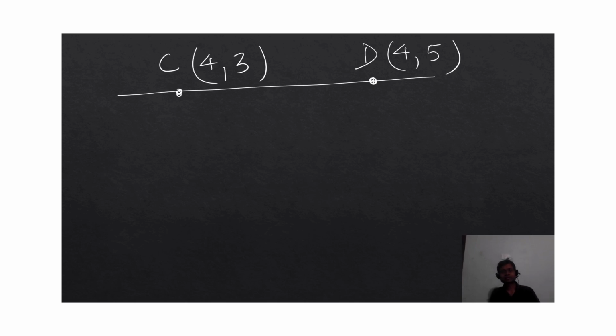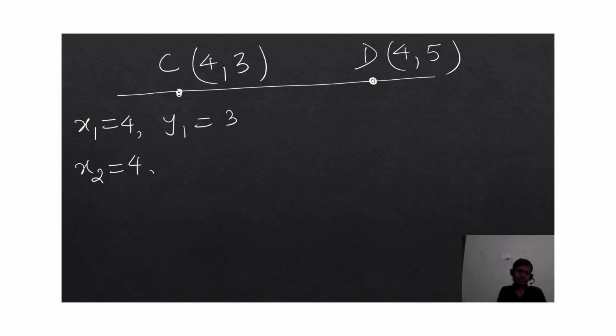Take point C, suppose 4 comma 3, and let's take another point D on the same line, suppose 4 comma 5. In this case the x coordinates are the same. Here we'll assume that x1 is 4, y1 is 3, x2 is again 4, and y2 is 5.